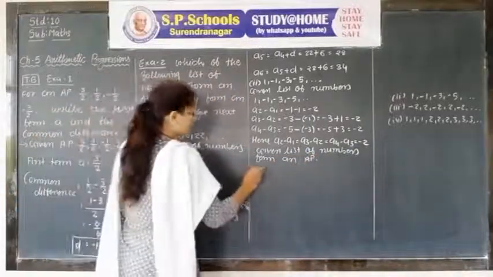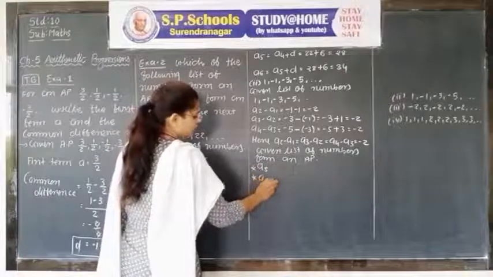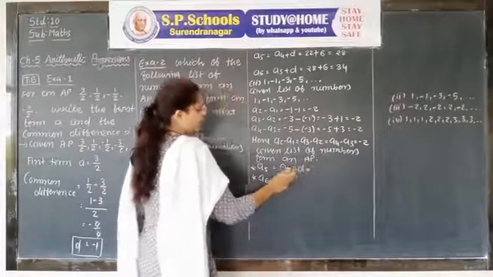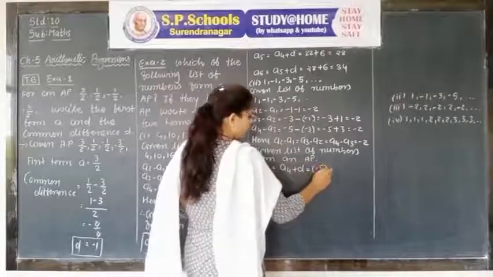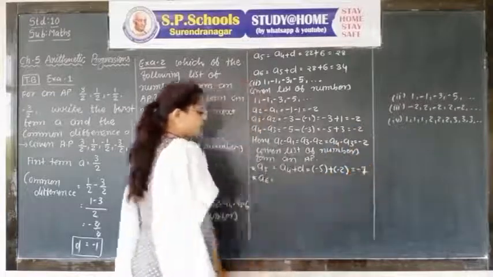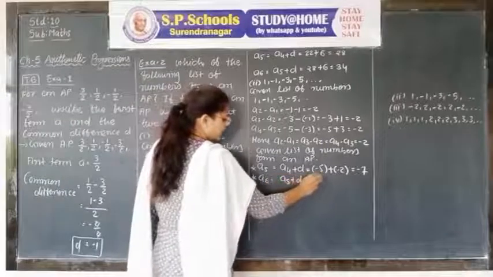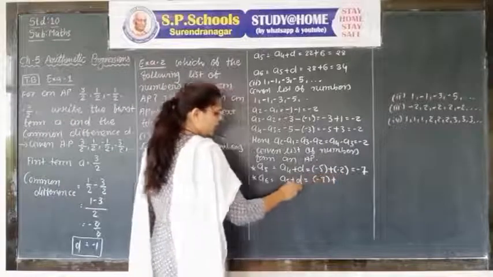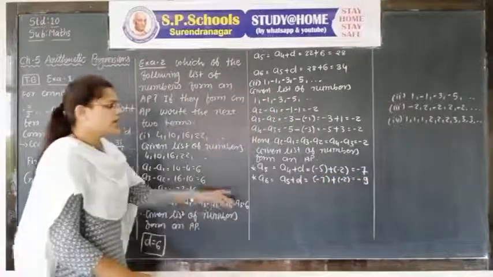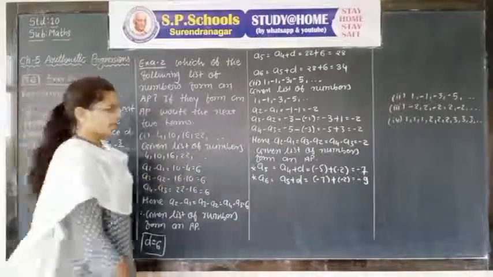To find the next terms, four terms are given, so the fifth term and the sixth term. Fifth term is obtained by A4 plus D, where A4 is minus 5 and the common difference is minus 2, which is equal to minus 7. A6 is obtained by A5 plus D, where A5 is equal to minus 7 and add D which is minus 2, and we get minus 9. Minus 7 and minus 9 are the next two terms of the given AP.